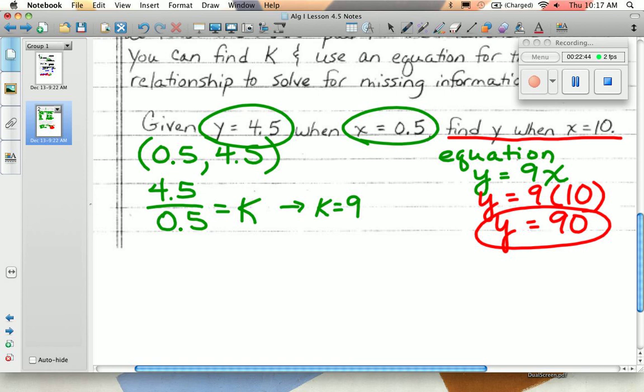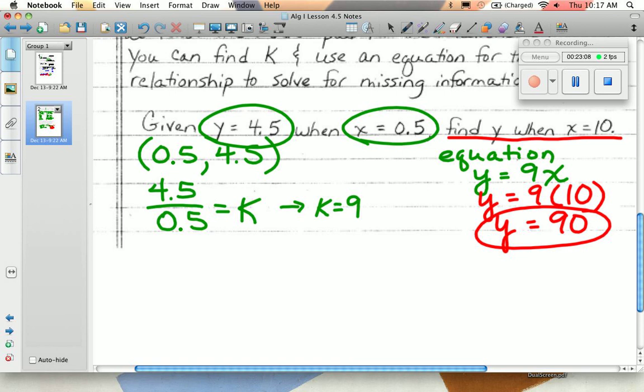Now, just as a quick summary of this, can anybody tell me what's going to hold true? What did you learn about all direct variation, linear relationships on a graph? Abby? They're a straight line. What else? That's the linear part. What makes them direct variation?